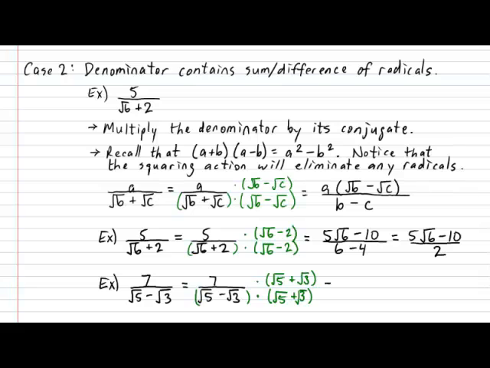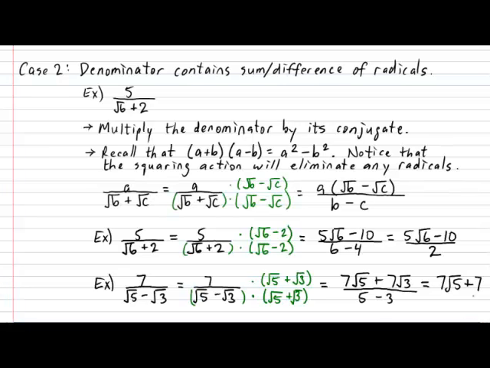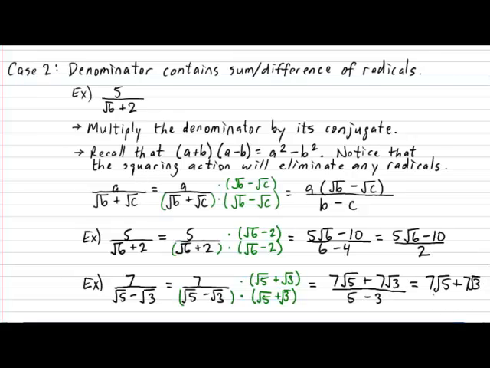And that'll give us 7 root 5 plus 7 root 3 all over 5 minus 3. And one final reduction. That will give us 7 root 5 plus 7 root 3 all over 2. And we are done.